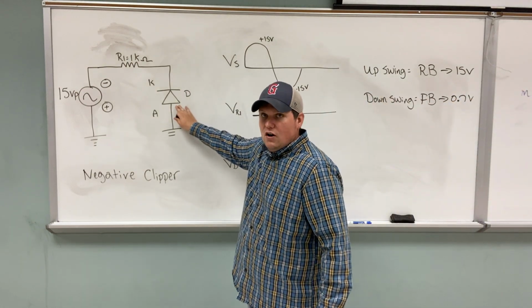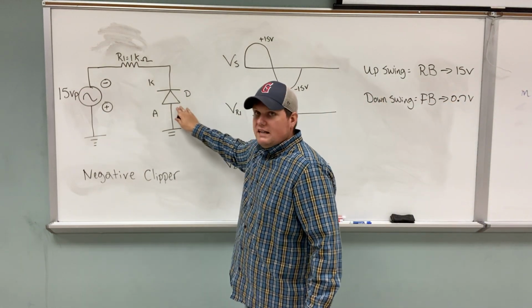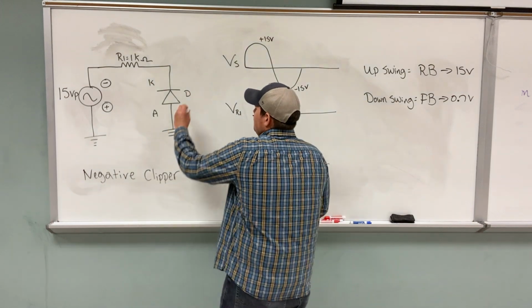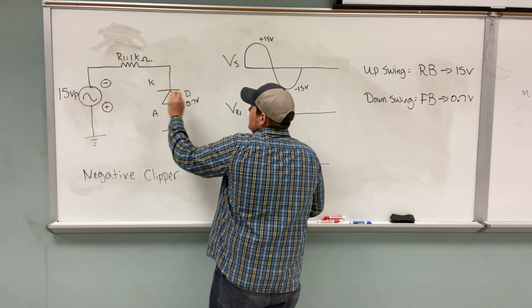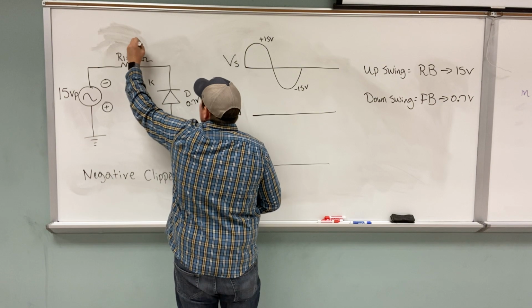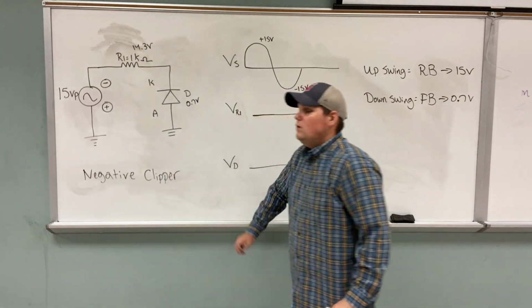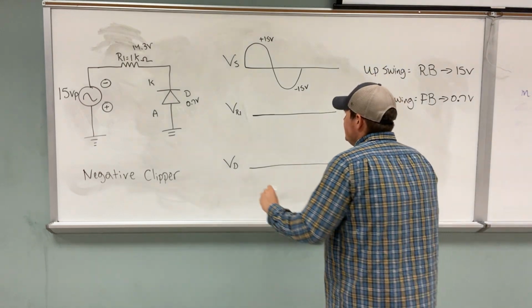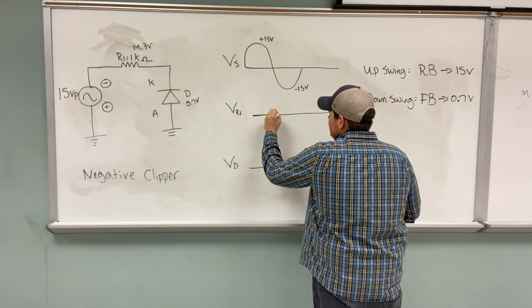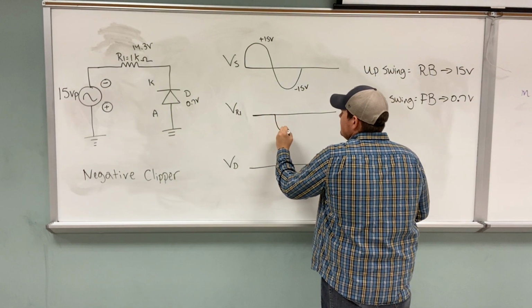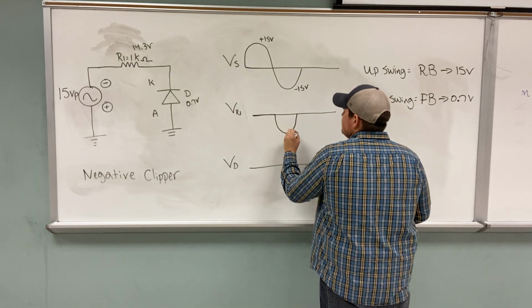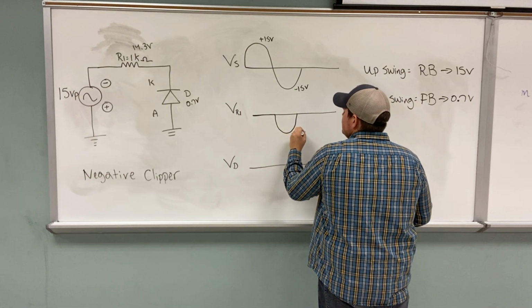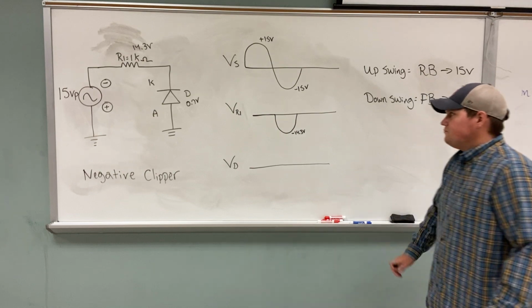So the diode is going to be locked at 0.7, and if I have 0.7 here, what's left here? The 14.3 volts, which is left over to add up to get your 15. So on the downswing, negative 14.3 volts.